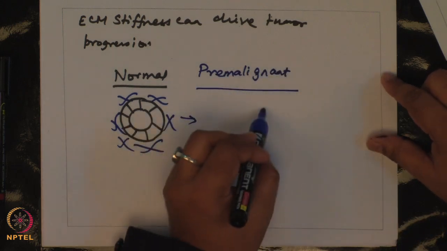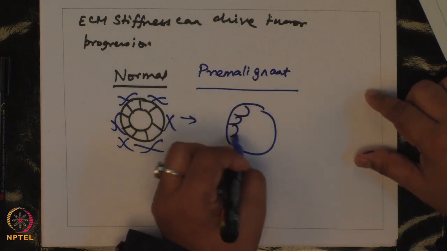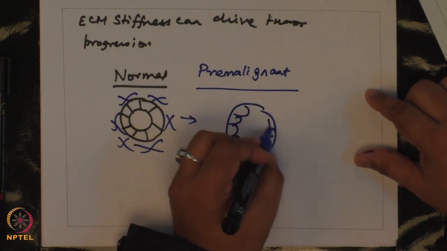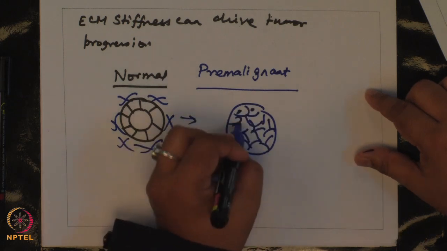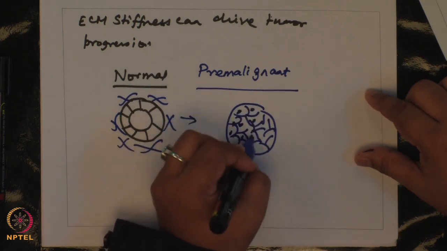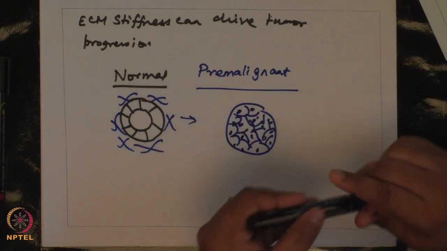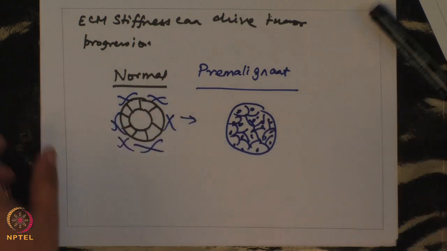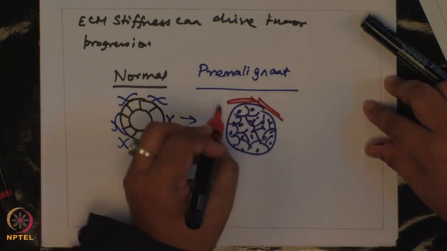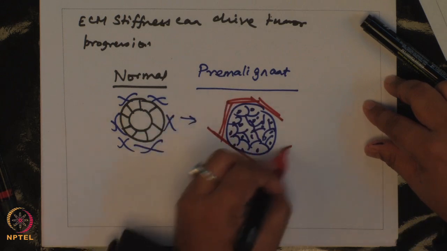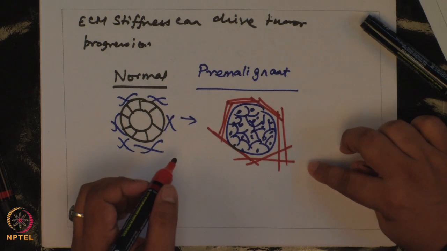When you go to pre-malignant, these cells fill up this entire space, and in these cases you begin to see bundles. These are your ECM fibers.